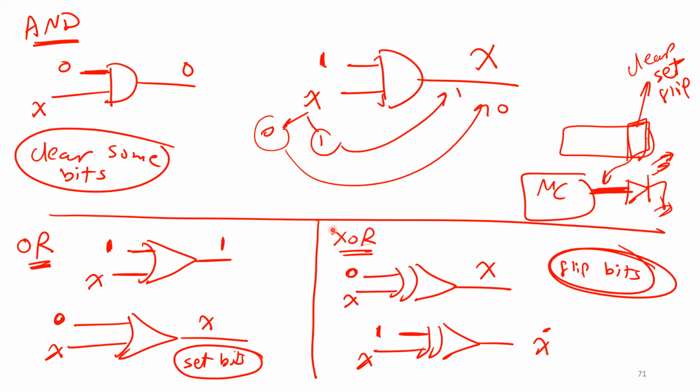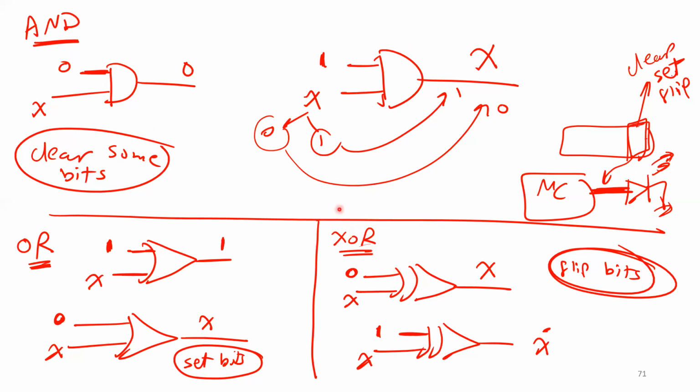In 1 very simple sentence: if you want to clear some bits, your friend AND is going to help you. If you want to set some bits, OR is going to help you. If you want to flip some bits, XOR should help you. So if I tell you in a question, clear, it means use AND. Set, use OR. Flip, use XOR.